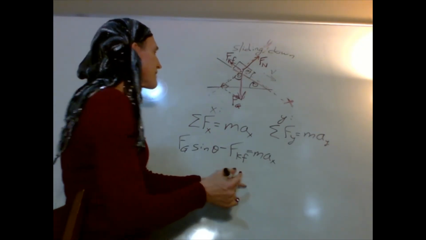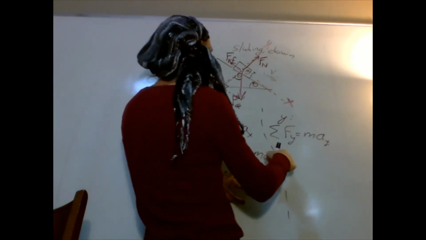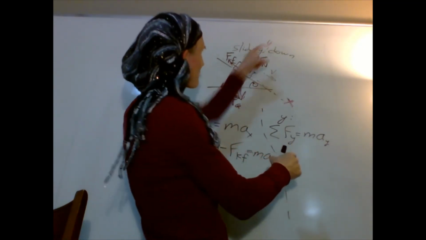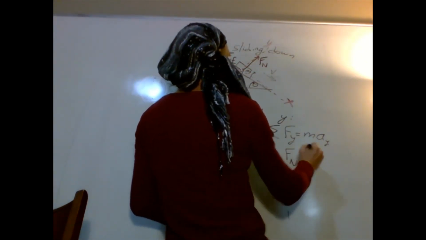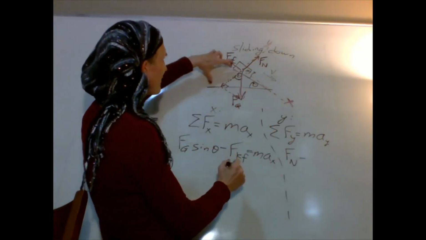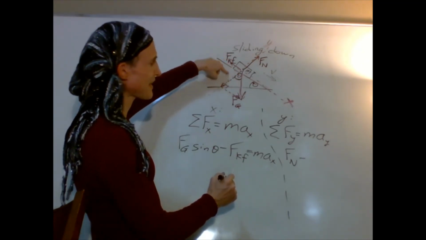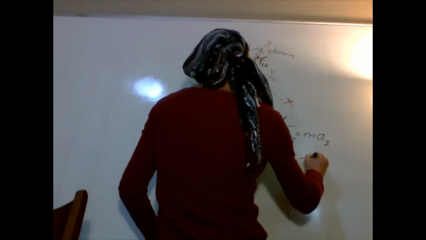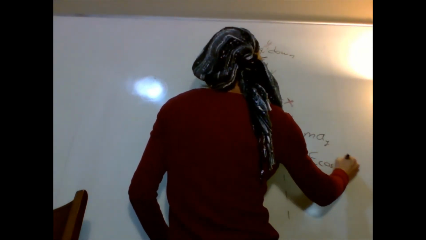All right, so then in the y direction, I have the positive y, I have this normal force. In the opposite direction, I have this component of the gravitational force, so that's the adjacent side, cosine, force of gravity times the cosine of the angle.